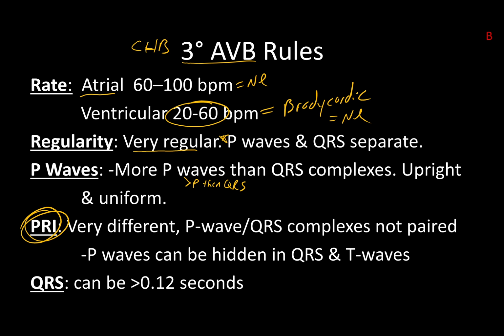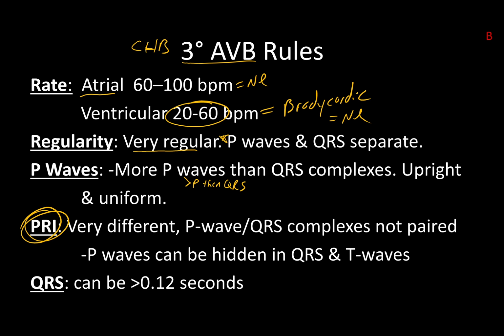When we talked about second degree blocks, the PRI either changed in a pattern or stayed the same. In a third degree block, it's nuts. You can have one that's only 4 small boxes, and then 12 small boxes, and then 6 small boxes. It's just up, down, left and right. It's never the same thing twice in a row. And that's one of those clues that you have.